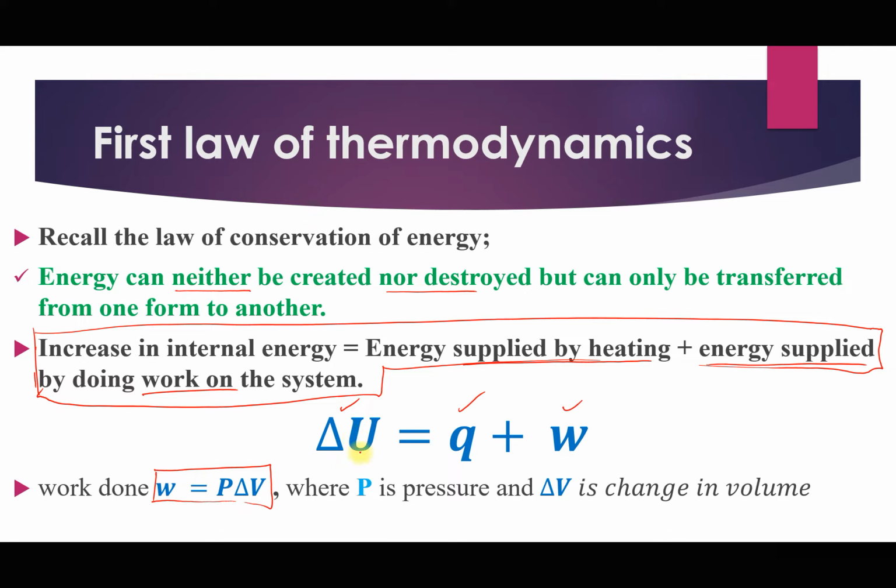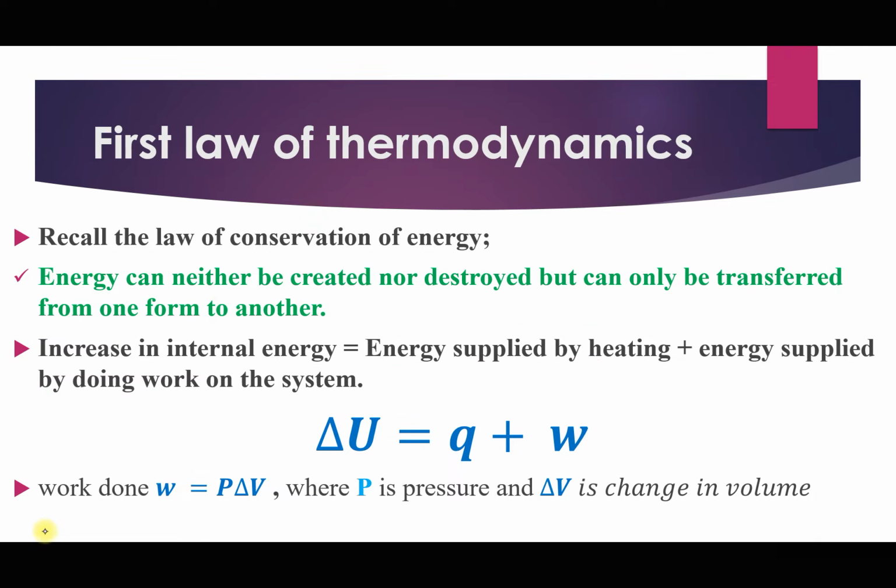For example, delta U is the increase in internal energy, Q is the heat supplied to the system, or heat supplied by heating the system, and W is the work done on the system.